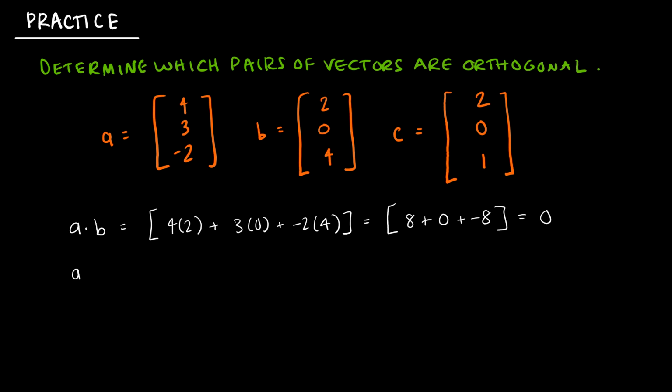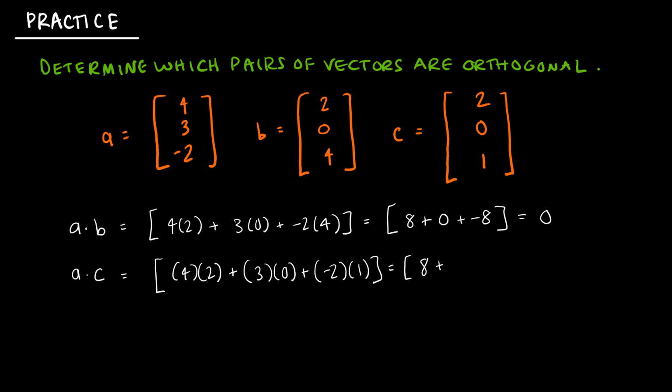Now let's try A, C. So again, A, C would be 4 times 2 plus 3 times 0 plus negative 2 times 1, which gives me 8 plus 0 plus negative 2, which is 6. Clearly not 0, therefore not orthogonal.